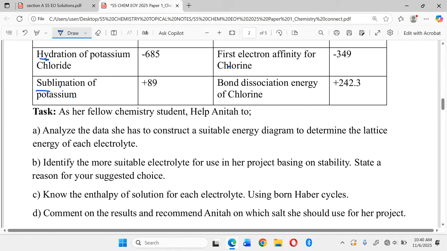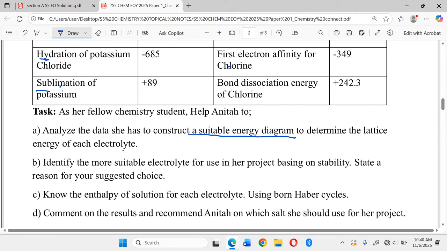So the task has been divided into 4 parts, and the first one is saying that as her fellow chemistry student, help Anita to, part A, analyze the data she has to construct a suitable energy diagram to determine lattice energy of each electrolyte.